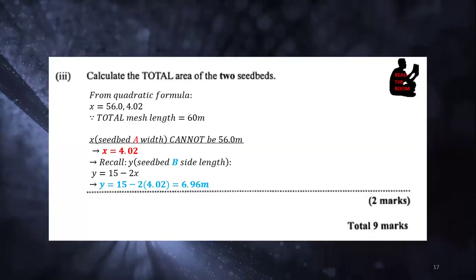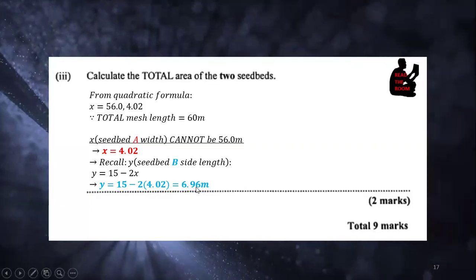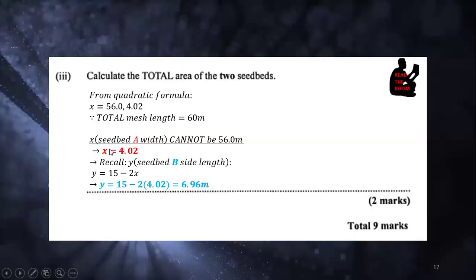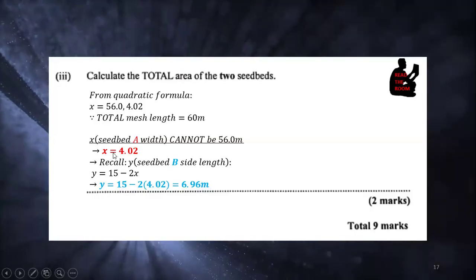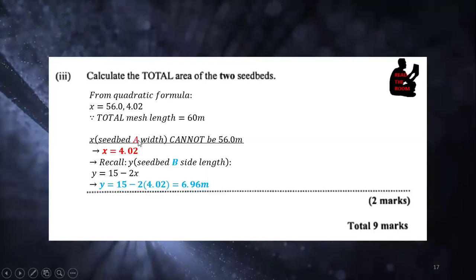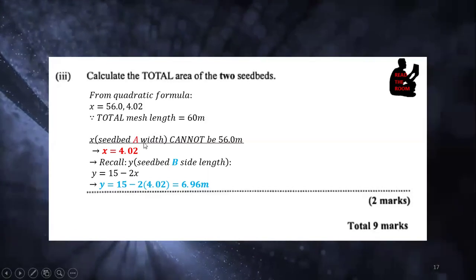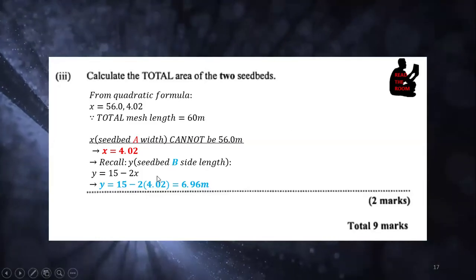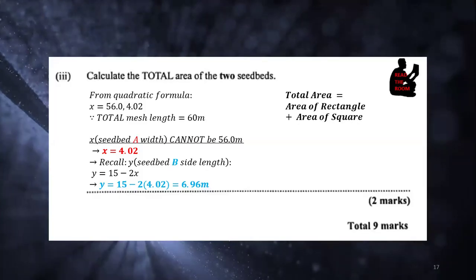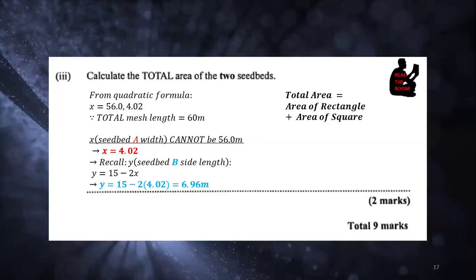So if we know what y is, the length of the seedbed B, which is the square, and if we know the 4.02, which is the width of the rectangular seedbed, which is seedbed A from before, you'll recall that, go back into the video, then we can clearly figure out the total area, which is the area of the rectangle plus the area of the square.